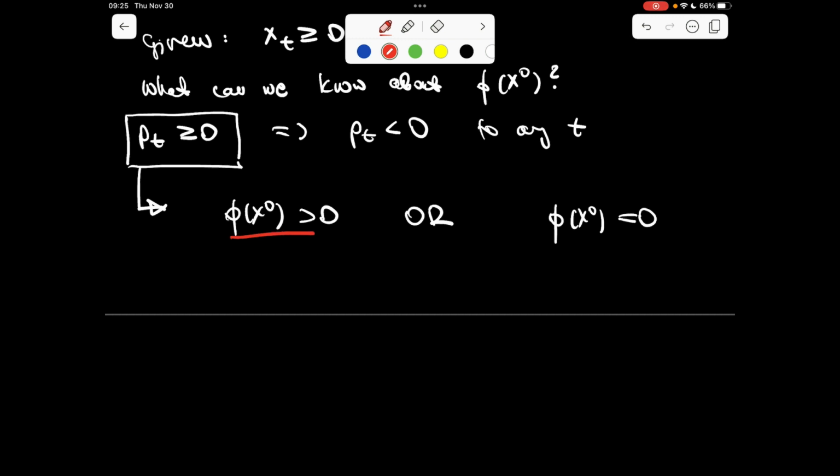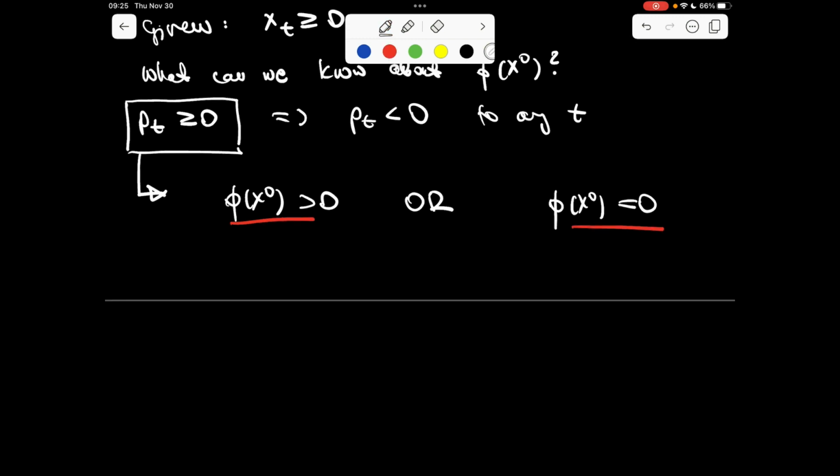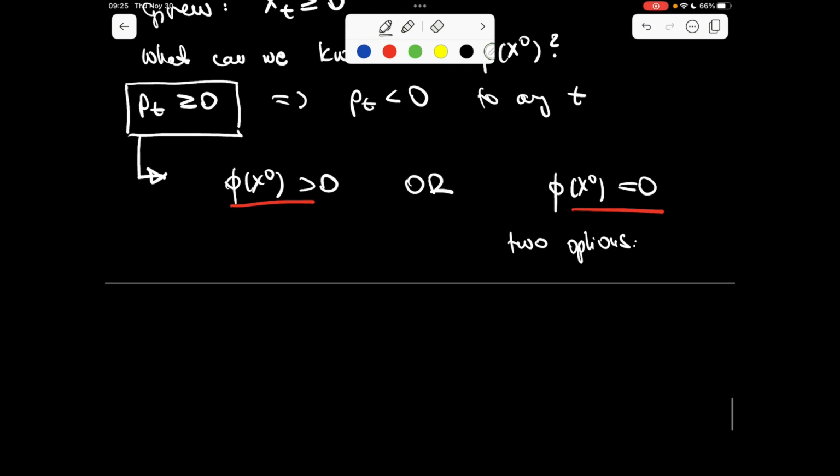So let's check these two cases. In this case, we have two options. The optimum path is the zero path, or the linear functional is identically 0.